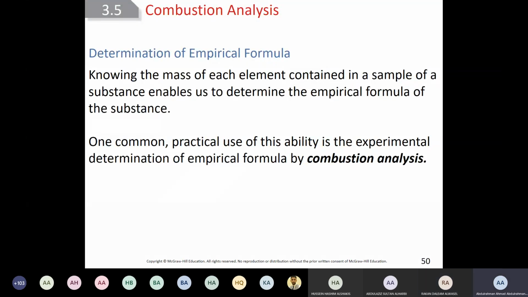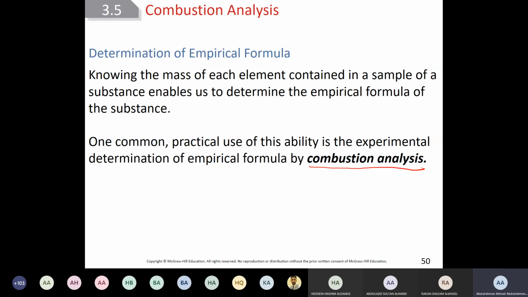Combustion analysis. I want you to understand this combustion analysis. When I say combustion, you should always be able to write a chemical reaction. What do I mean by combustion? What's combustion?